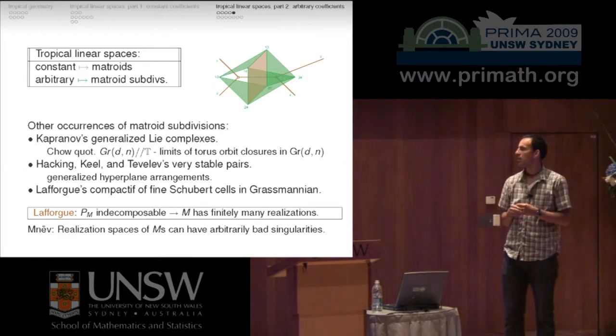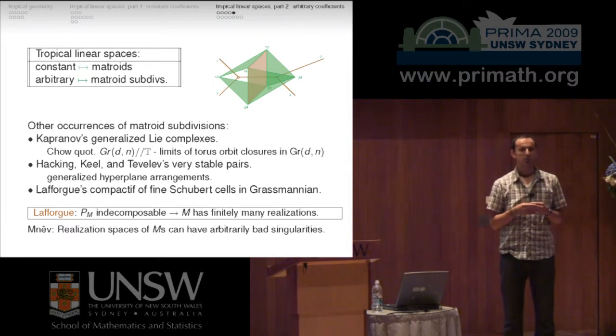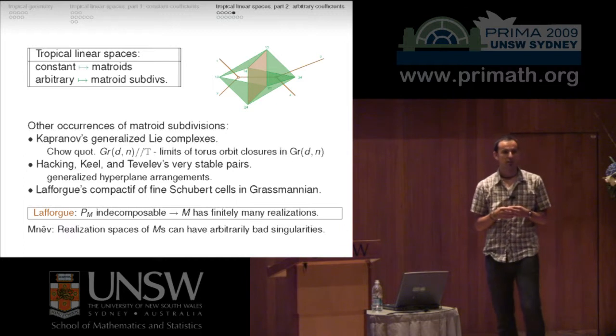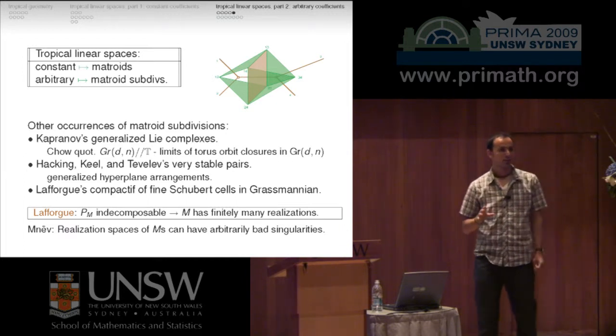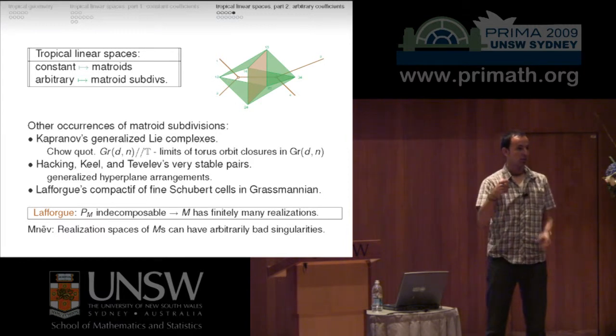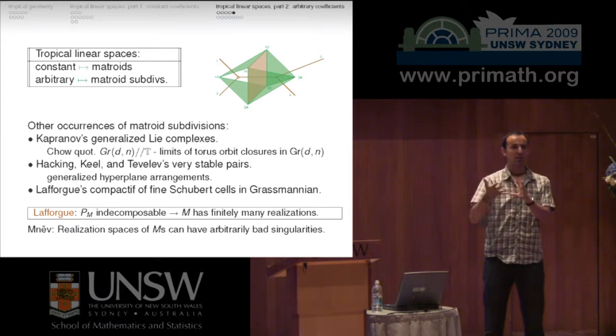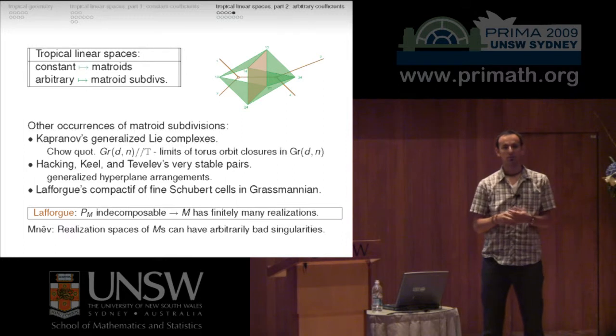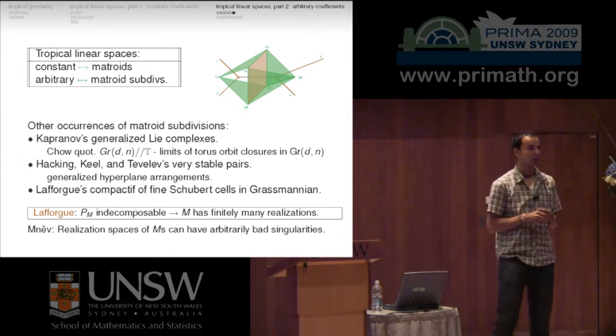This is a pretty amazing condition, because Mnev's universality theorem tells you that general matroids are at exactly the opposite end of the spectrum: if you look at an arbitrary matroid and the points in the Grassmannian that realize it, then these objects have arbitrarily bad singularities.